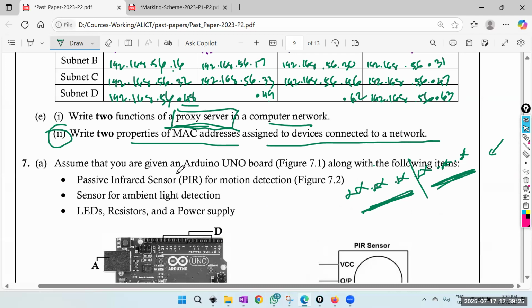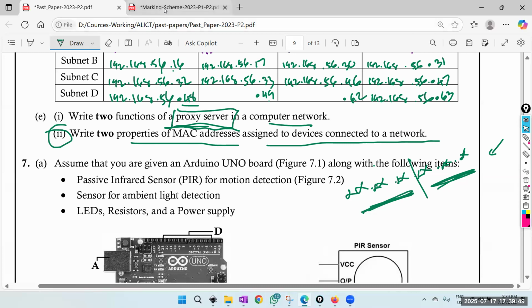Then I can write MAC address is used by switches for switching data frames to the correct destination. So likewise, I can write so many points about MAC address. At least I will write five. And MAC address is sort of a hardware address or firmware level address which we can't change easily.